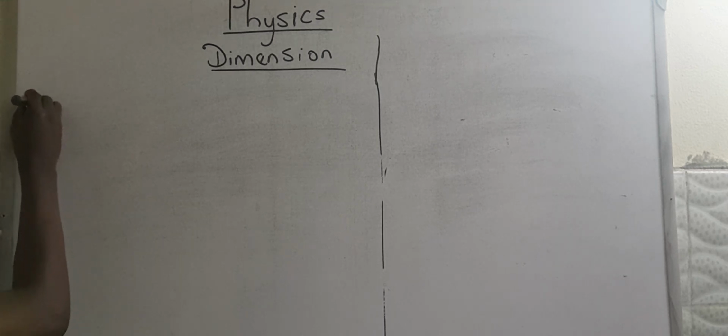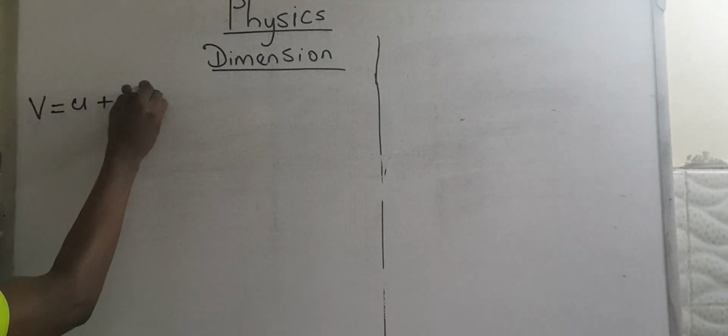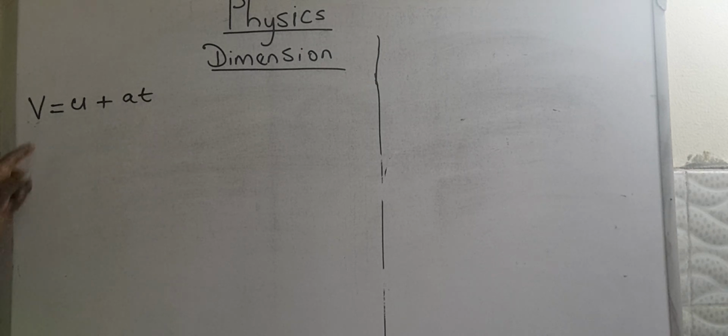For example, if we have V equal to U plus AT, we can check if this equation is correct by using dimension. In other words, we can check for the dimensional correctness of this equation.